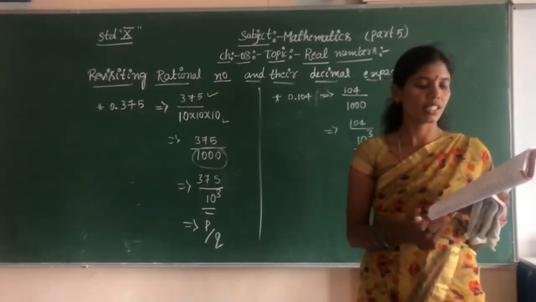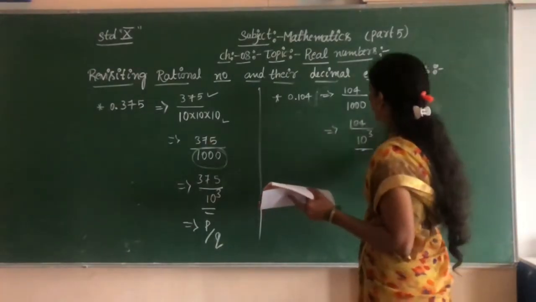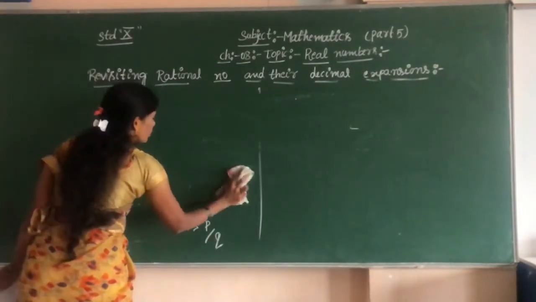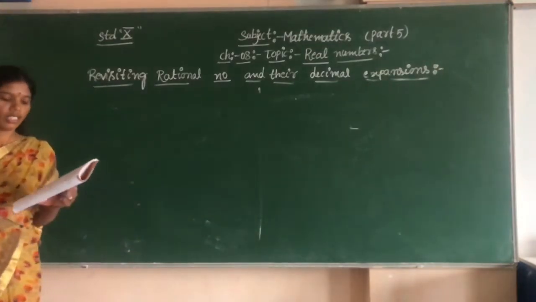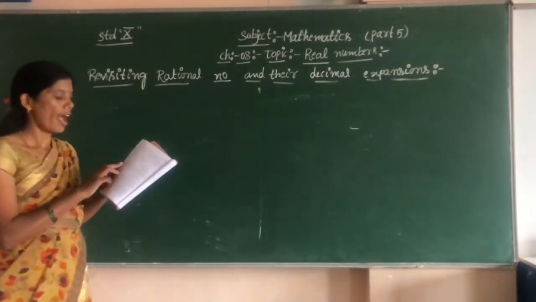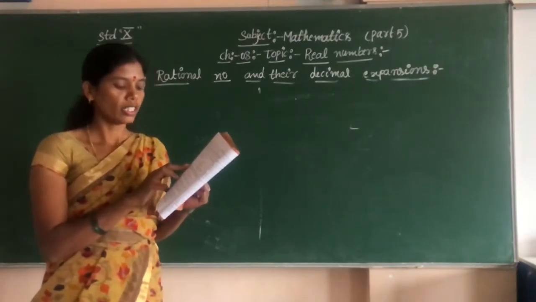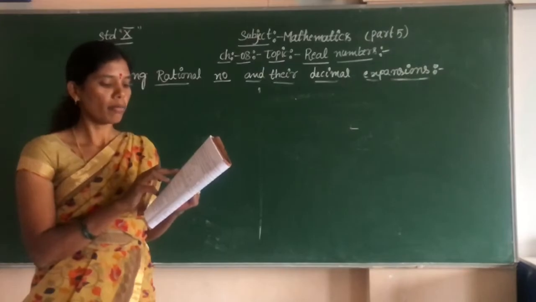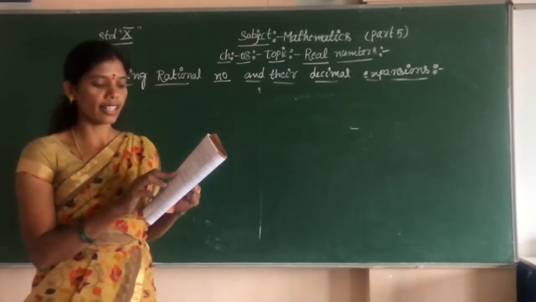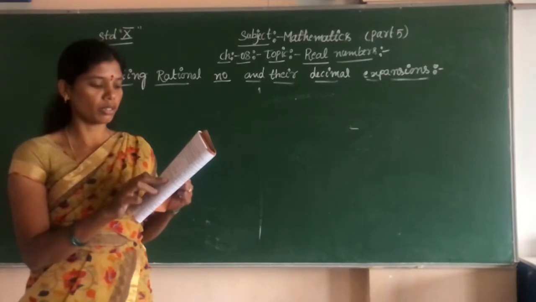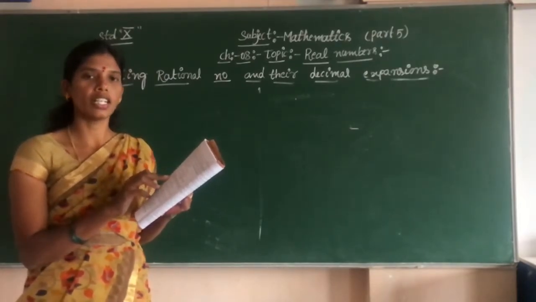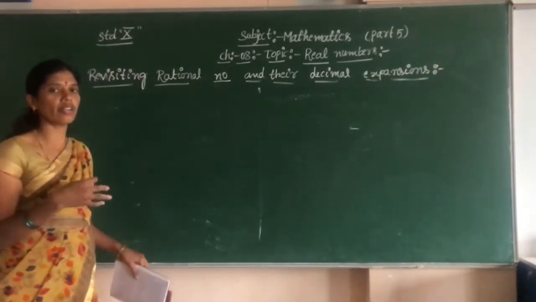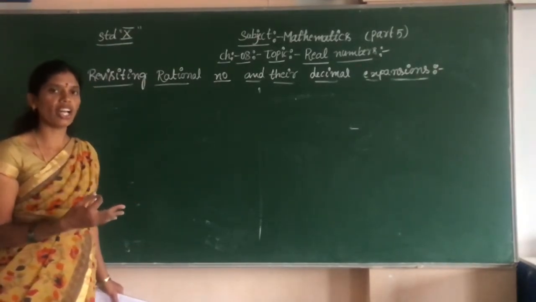Now next we shall take the first one: as one would expect, they can all be expressed as rational numbers whose denominators are powers of 10. Let us try and cancel the common factors between the numerator and denominator. This is explained by this one example. Now we have only converted the decimal into a rational number.